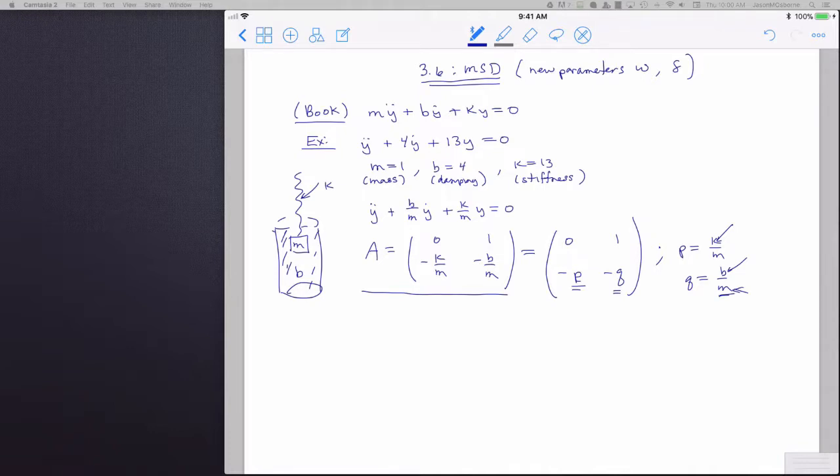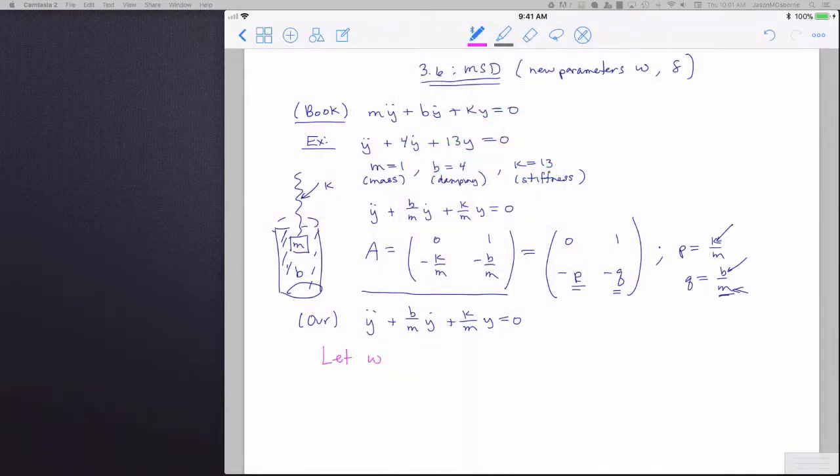My preference, our preference in this class, is to look at this differential equation y double dot plus b over m y dot plus k over m y. Start here, and then we're going to introduce new parameters.